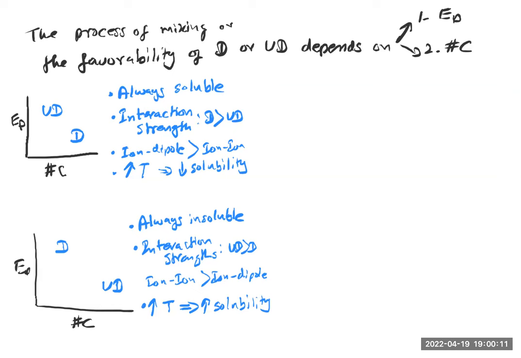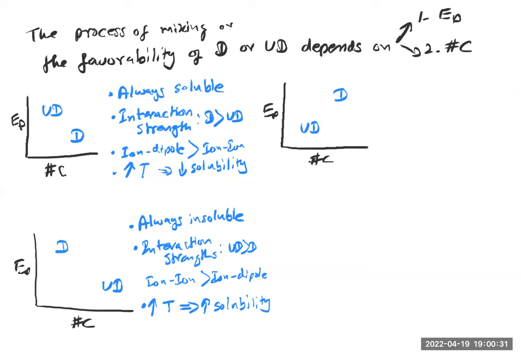And then if we do another one, let's say that we have our dissolved state at higher potential energy and higher number of configurations compared to the undissolved state.